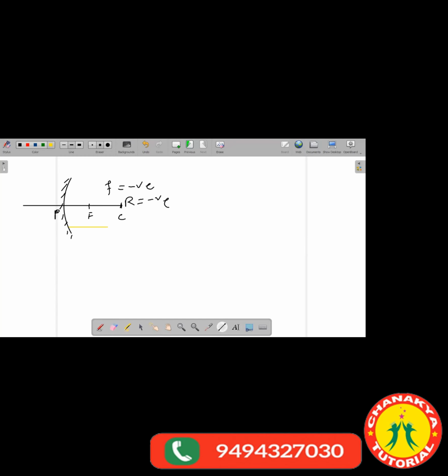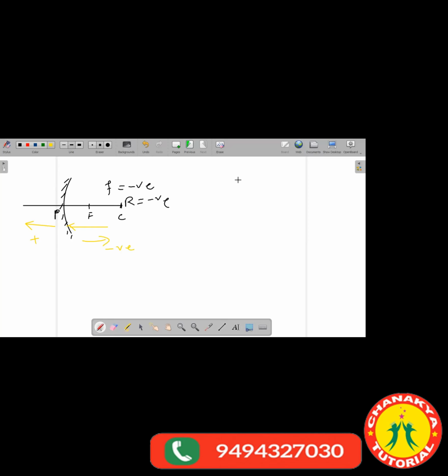So all the measurements behind the mirror will be positive and measurements in front of the mirror will be negative. This is a positive measurement. Here, the measurements like this will be the negative measurement.